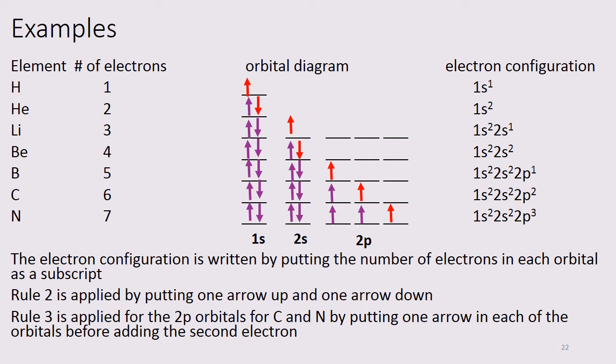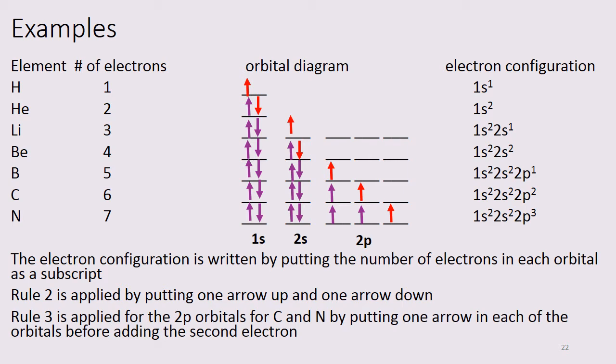All right, now we're going to continue on in just a minute, but let's look at the electron configuration. The orbital diagram shows the lines and arrows, and the electron configuration is just a shorthand method of indicating it. The way that you do it is you just put what the subshell is and how many electrons are in that subshell. So 1s1 for hydrogen just means that there's 1 electron in the 1s subshell. 1s2 means there's 2 electrons in the 1s subshell.